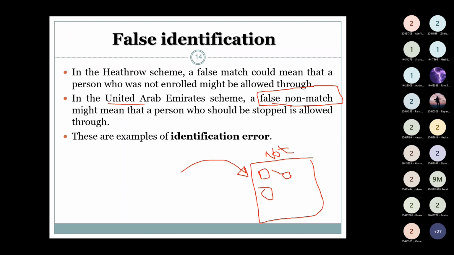The type of error that can happen in the UK is the false match: one person that is not enrolled can be allowed to enter without enrollment, without registration. And for the Emirates, people that are not allowed to go will be allowed. So these are the two types.